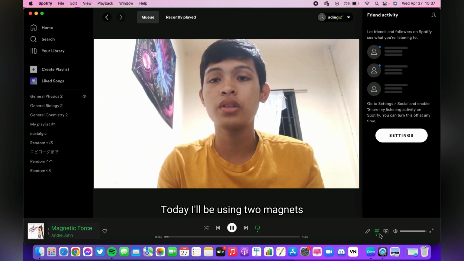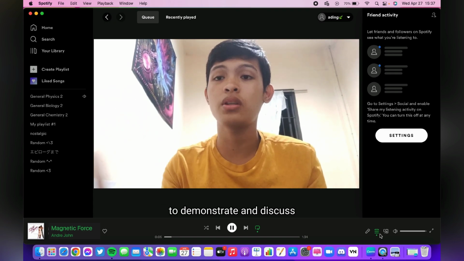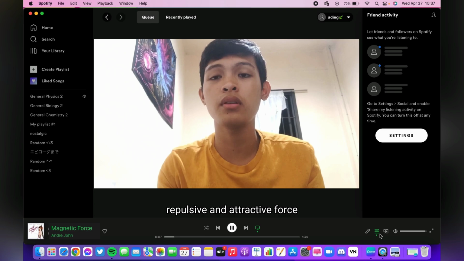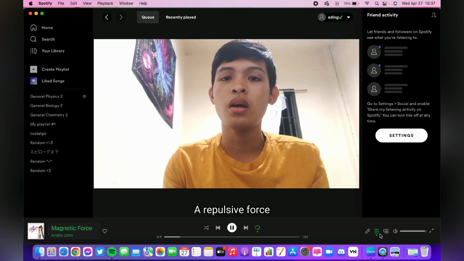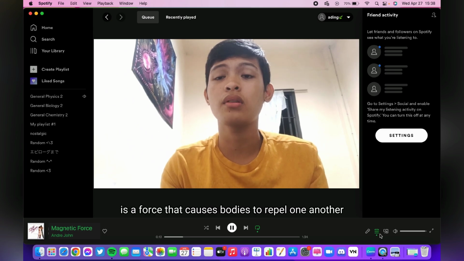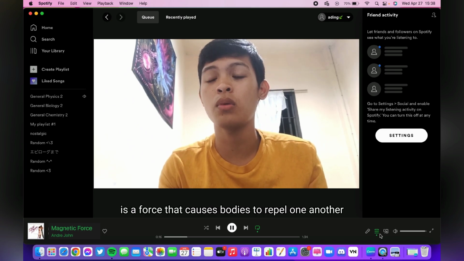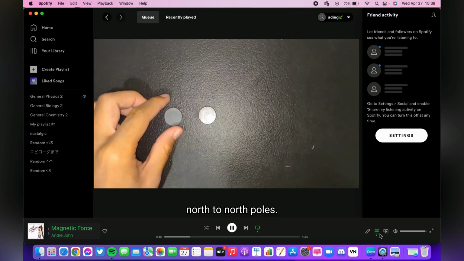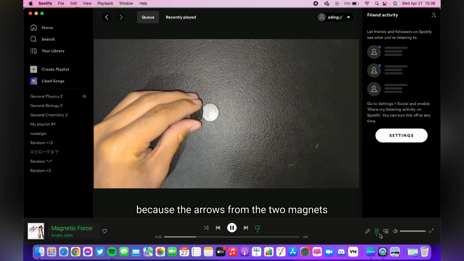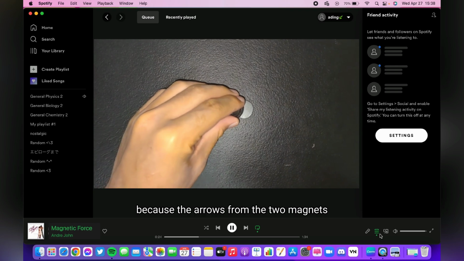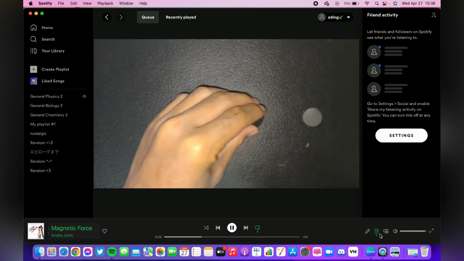Hello everyone, today I'll be using two magnets to demonstrate and discuss repulsive and attractive force, also known as magnetic forces. A repulsive force is a force that causes bodies to repel one another. North to north poles, for example, will repel each other because the arrows from the two magnets point in opposite directions.